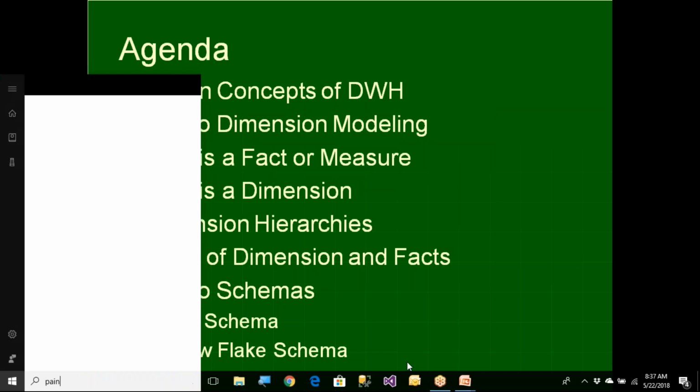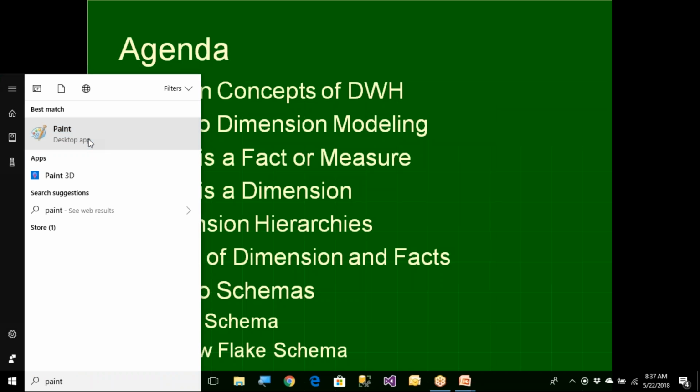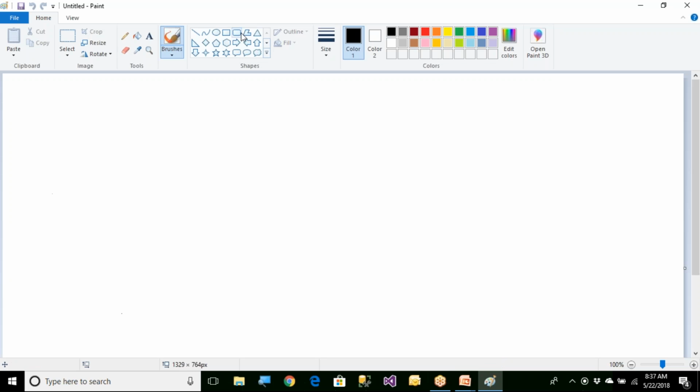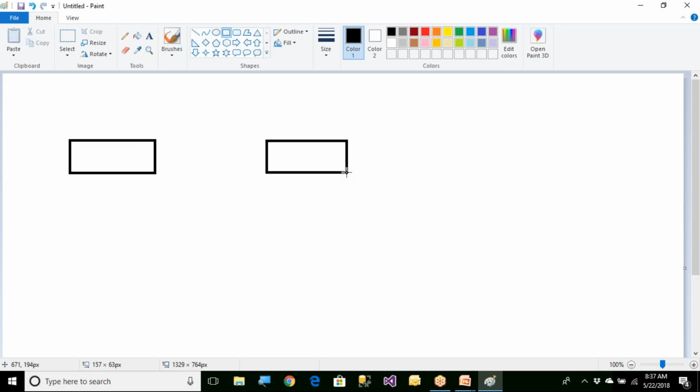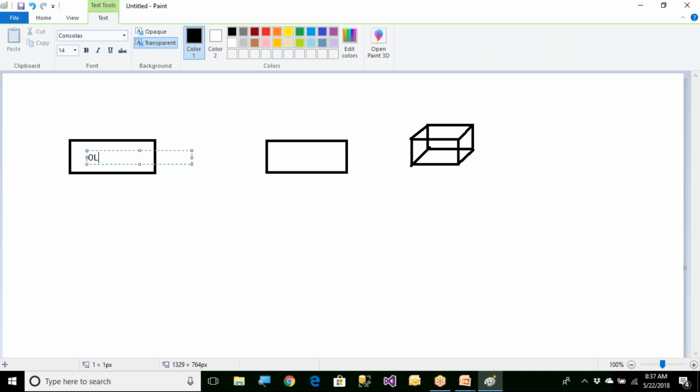Let me tell you why we are learning data warehousing. As we discussed already, you have OLTP systems, and later you have staging and the data warehouse. Once the data warehouse is built, based on it we will implement a cube. If you want to work with SSAS, you definitely need the data warehouse to be ready.